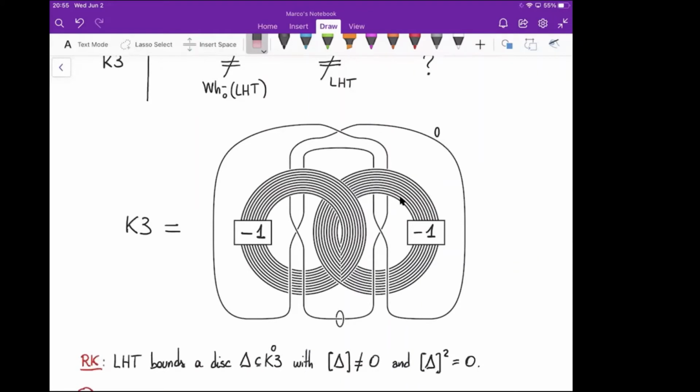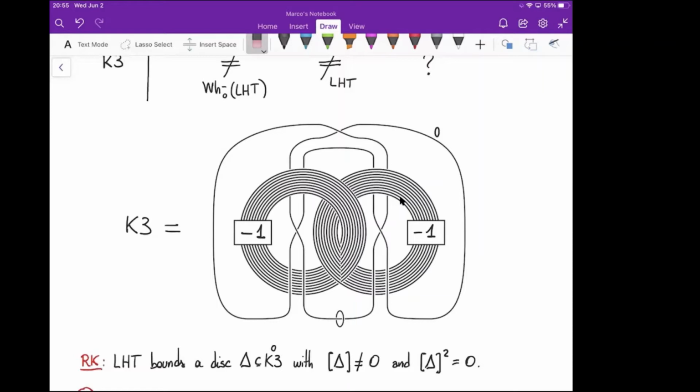And maybe before we move on to the next section, I want to say that from the handle diagram of K3, one can see that there is a complicated handle that is in a trefoil shape.